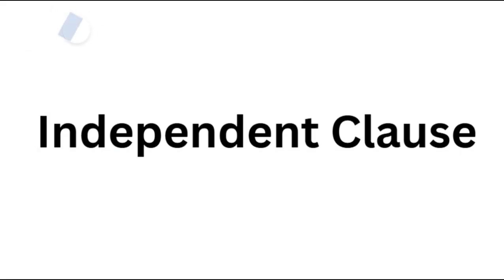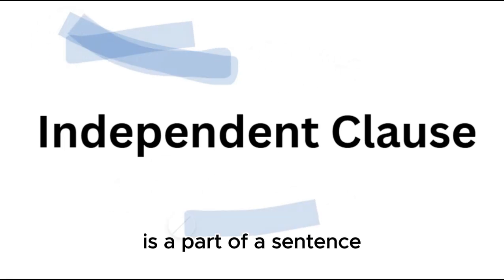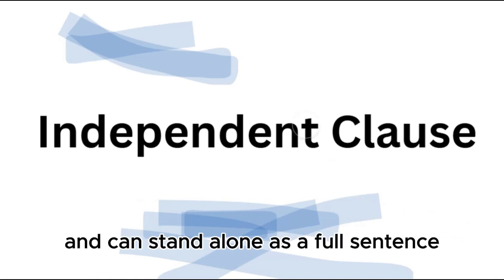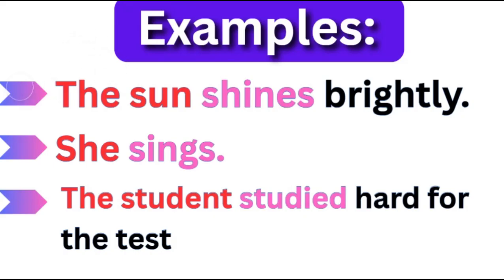Independent clause. What is it? An independent clause is a part of a sentence that expresses a complete thought and can stand alone as a full sentence. It contains a subject and a verb. Examples: The sun shines brightly. Here, the sun is the subject and shines is the verb.